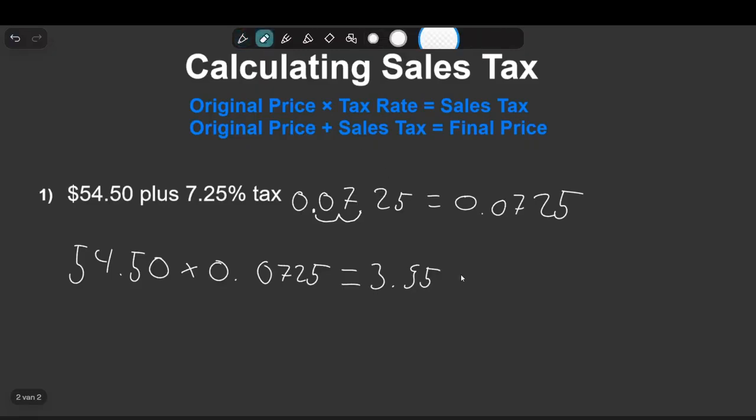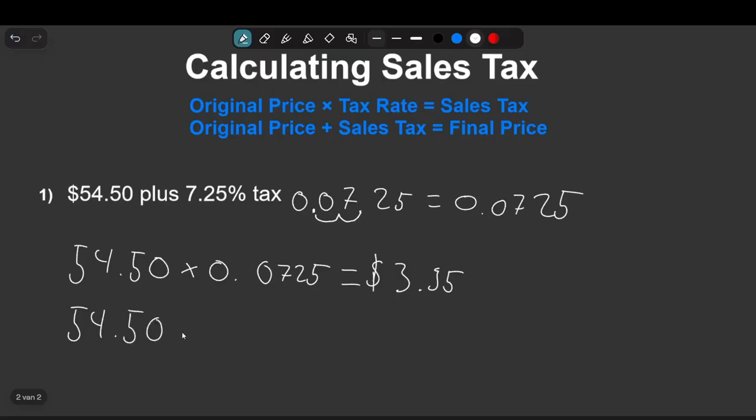So let's write this again with the dollar sign, $3.95. And again, if you have a calculator with the percent sign on it, you can just do $54.50 times 7.25%. This will also get you to your exact same answer of $3.95.